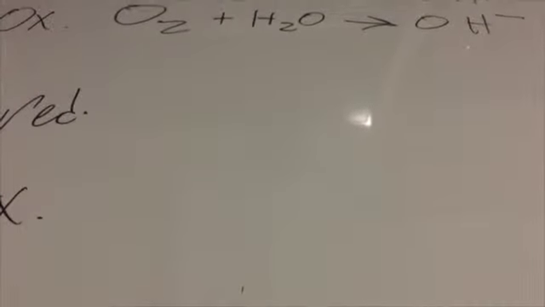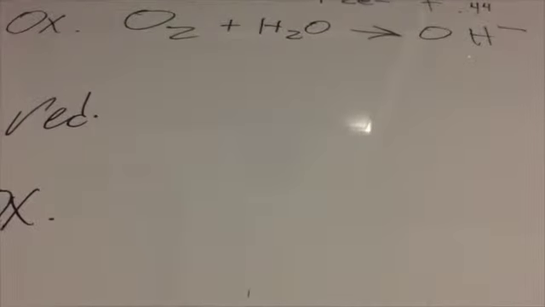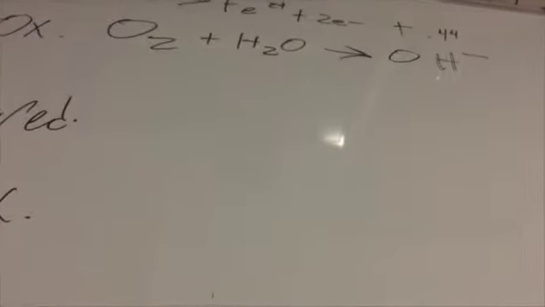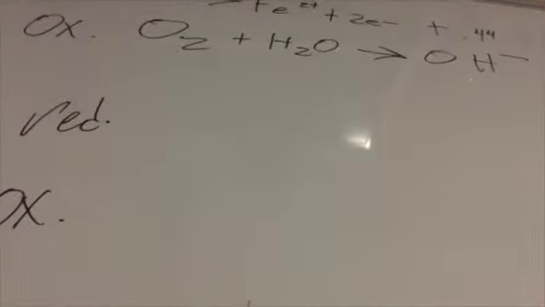Now for the second equation, you're going to have to oxidize. This time you're going to oxidize copper, because it's less likely to be an oxidizing agent compared to iron.